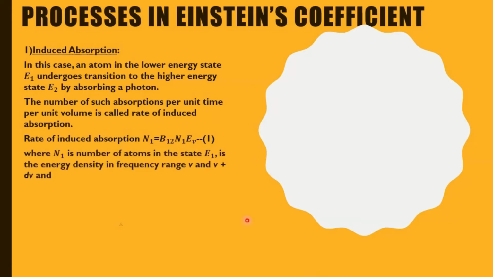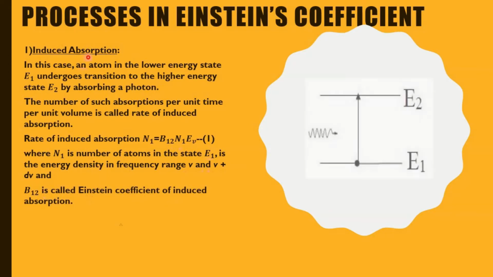Here N1 is the number of atoms in the state E1, Ev is the energy density in the frequency range V to V plus dV, and B12 is the Einstein coefficient of induced absorption.